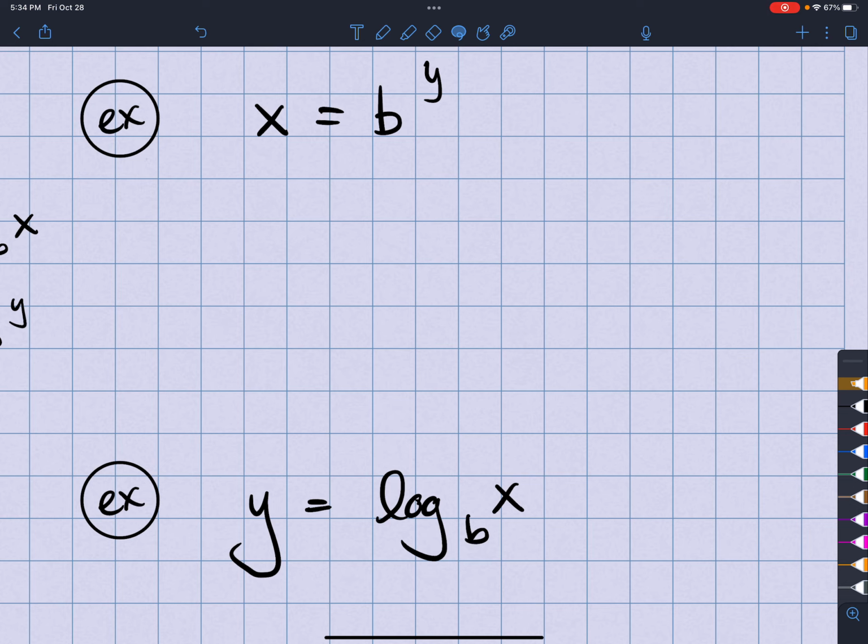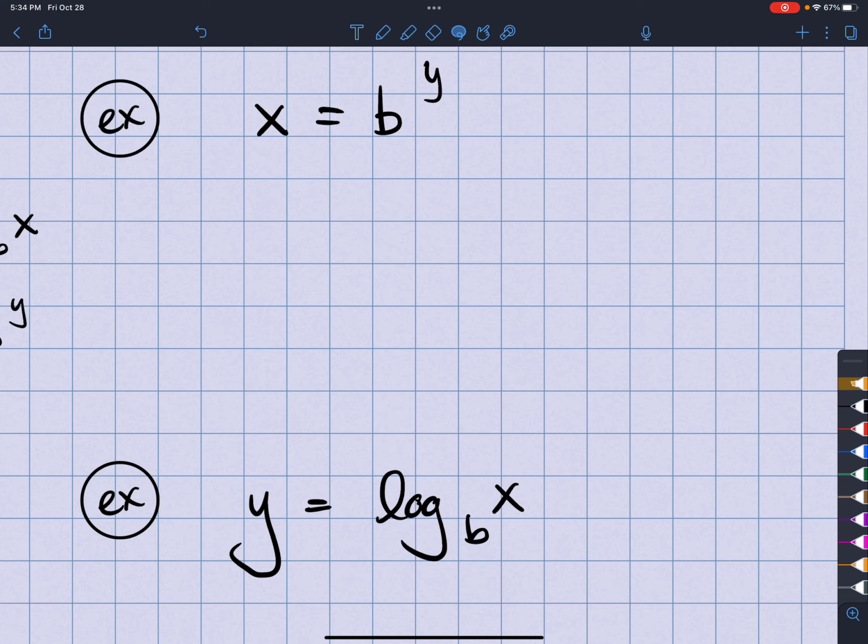Doesn't that look kind of like, here, let me make some room to the right. I'm going to let 2 to the x be u. Ooh, a u substitution.